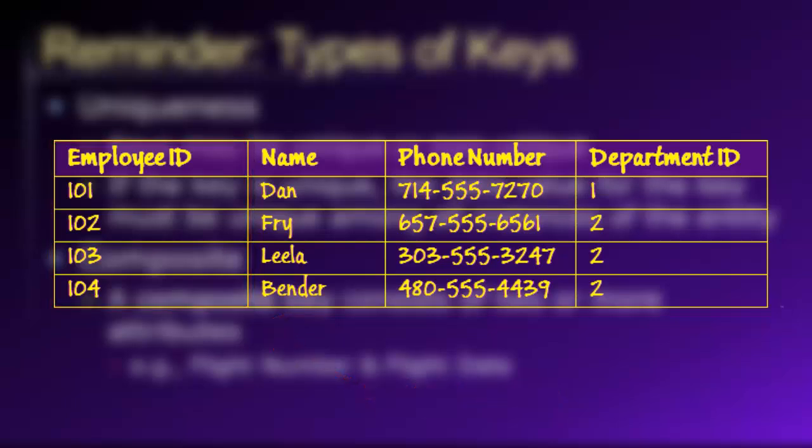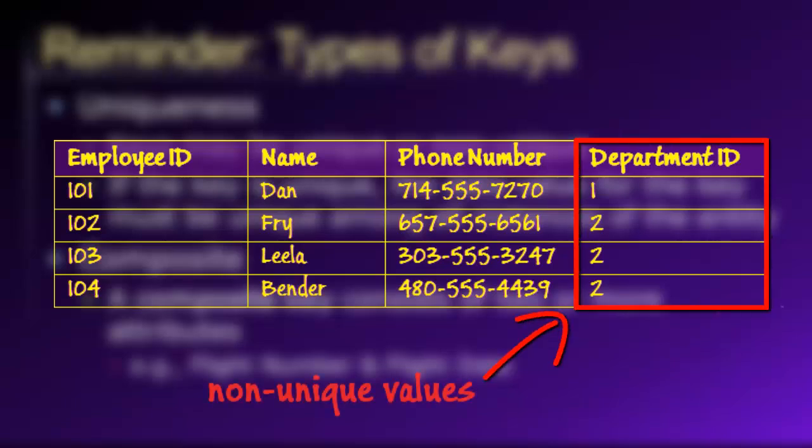By contrast, we can also have non-unique keys, and non-unique keys are used in order to group instances of an entity class into categories. An example might be a department ID. More than one employee can have the same department ID.